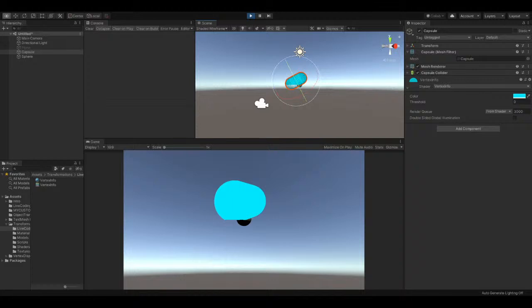And also, let me show you the Half-Life liquid shader that we are going to talk about soon. There's a channel called Polygon, and I'm going to share the screen right now.